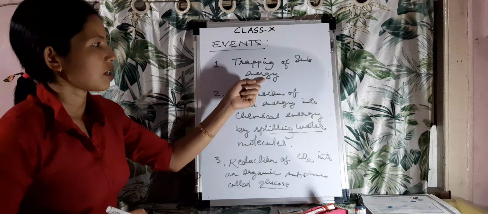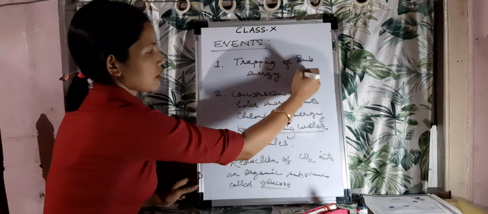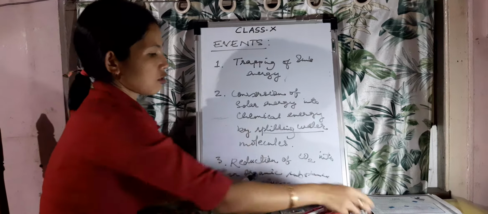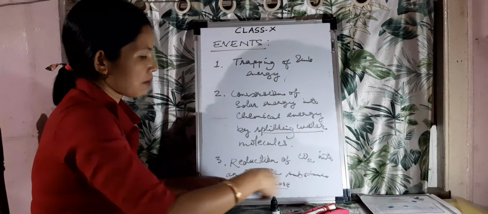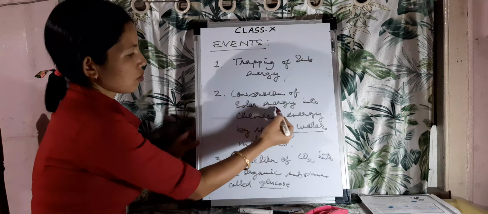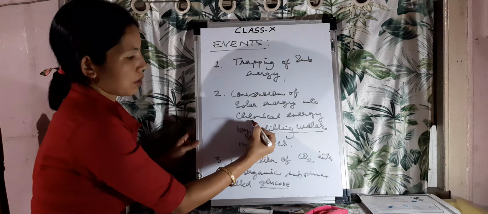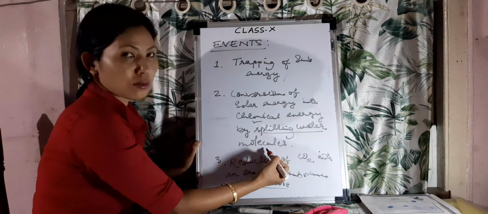First, the light energy is trapped by the presence of chlorophyll. Due to the presence of chlorophyll, the light energy is trapped, and secondly, the solar energy is converted into chemical energy by splitting water molecules.